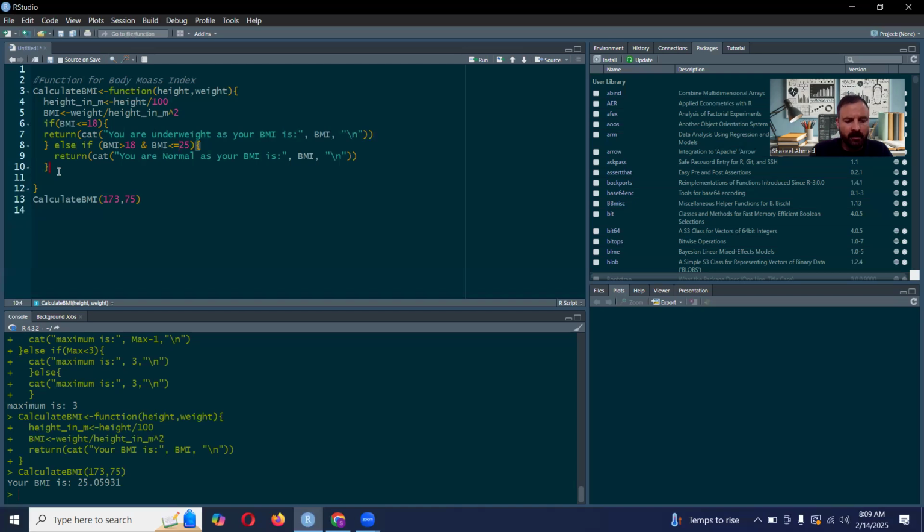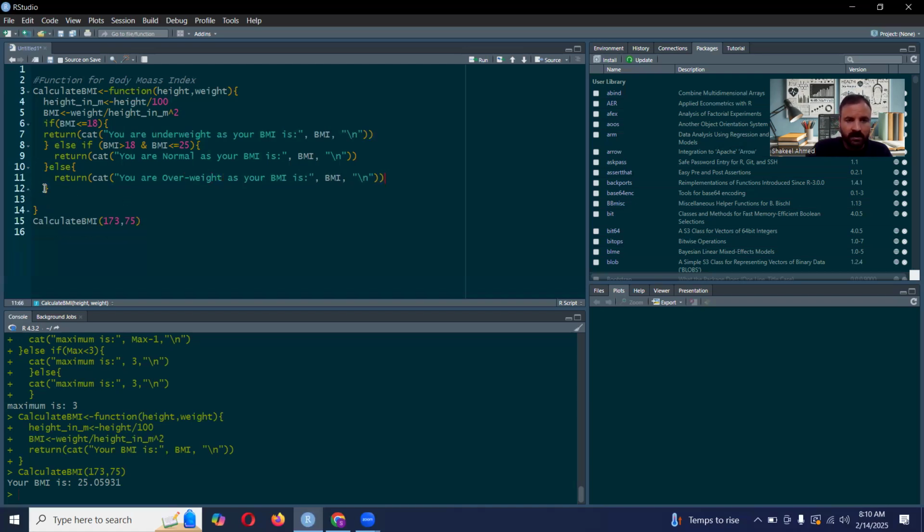And then else, that is the next case. Otherwise, it means we have included less than 18 and 18 to 25, and the rest is above 25. So in that case, you are overweight, as your BMI is this.